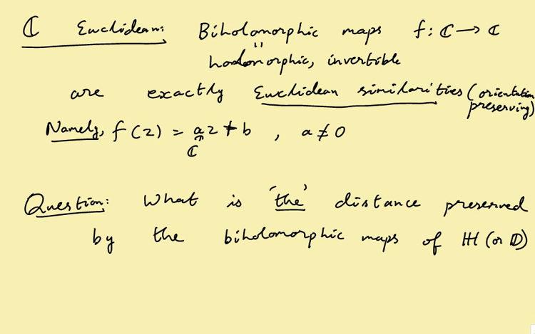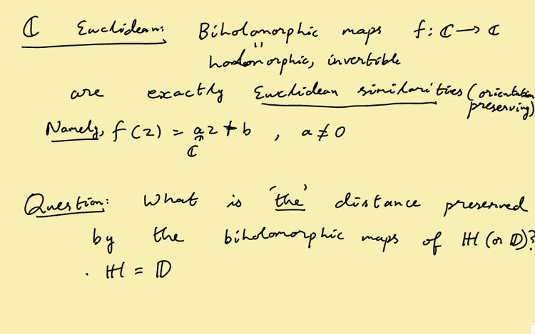For this we have to understand what these biholomorphic maps are. I'll just state the result and then understand whether there is a distance preserved, and if so, is it unique, or to what extent is it unique.